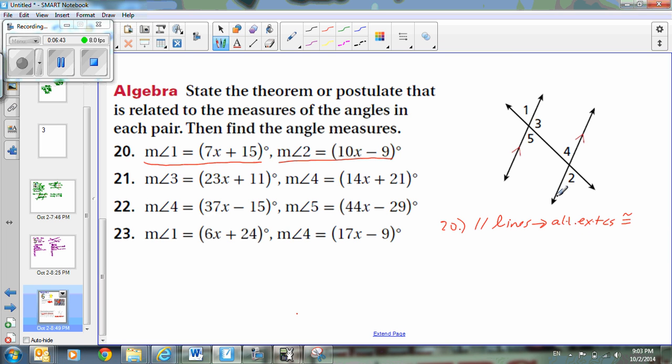Since these alternate exterior angles are congruent, take their measures, 7x plus 15 and 10x minus 9, set them equal to each other, and solve for x. But once you've solved for x, remember, you're not done at that point. You need to take that x and plug it back into either one of these expressions. It doesn't matter which one, because these angles are congruent, so you're going to get the same thing. So put x in either here or here, do the arithmetic, and find the measure of angles 1 and 2.